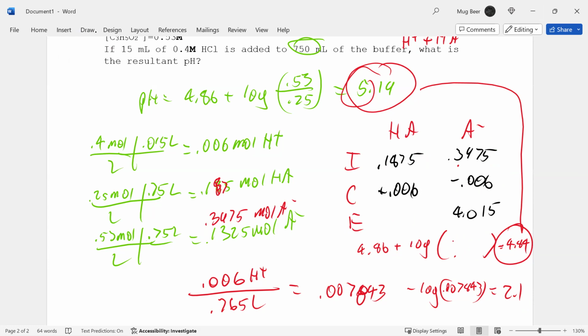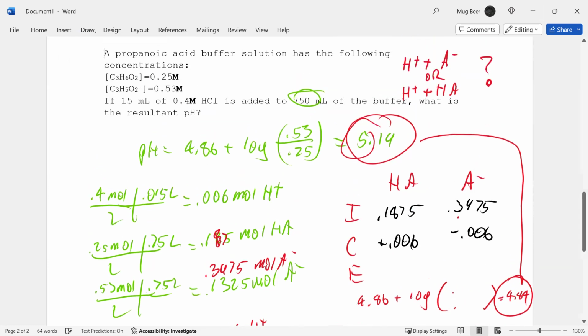Oh wait, no, not subtract, sorry. 3.3915. There we go. And then this one is 0.1935. Okay.